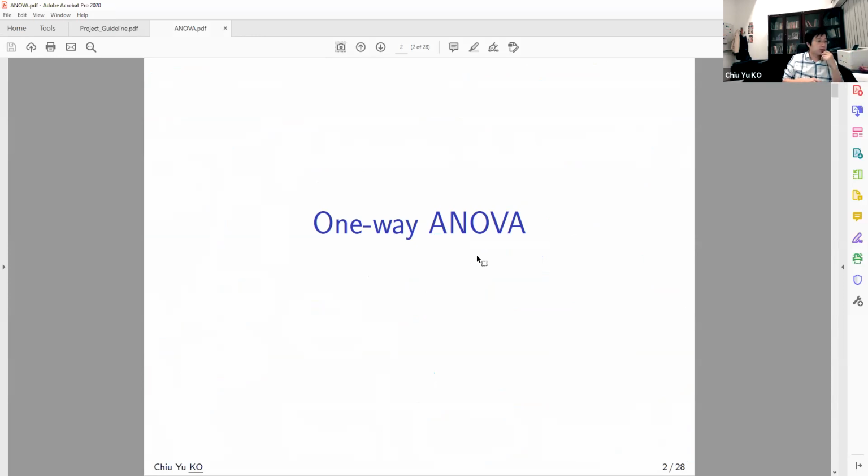And what is two-way? Two types of grouping. Two-way is like you have gender and you also have major, right? So maybe you can look at each observation, you're male or female, and then you can look at whether they are major in finance or major in accounting, right?